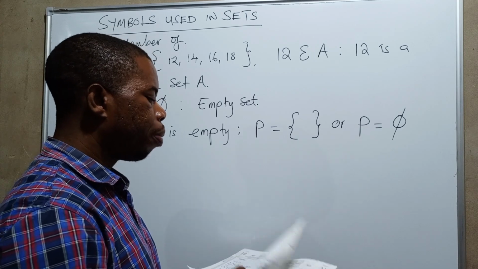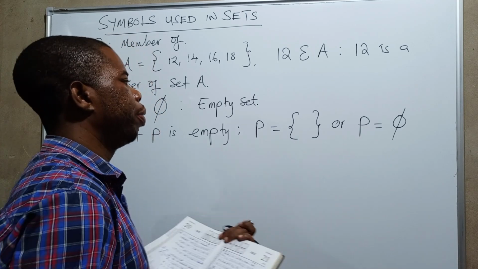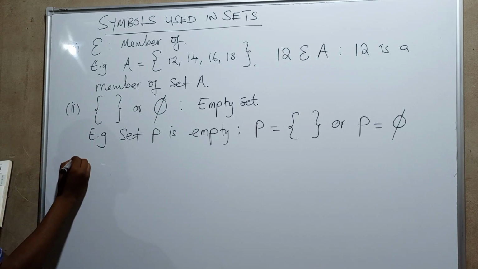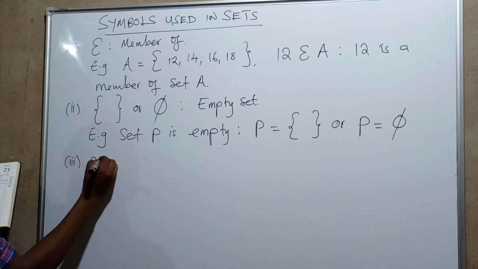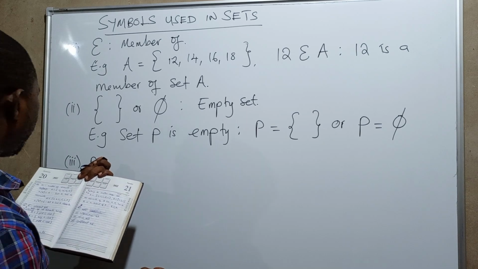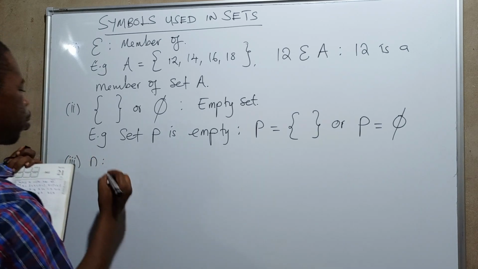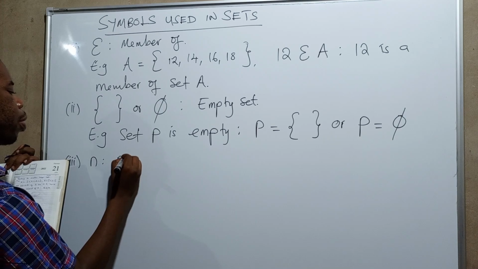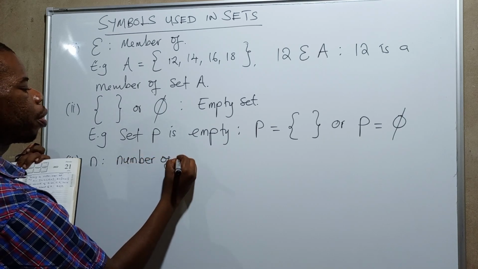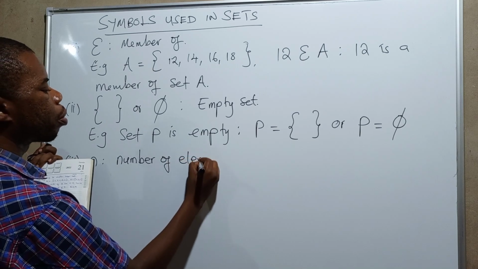So another symbol that we need to look at is N. Small letter N like this. So N, small letter N, just represents the number of elements.